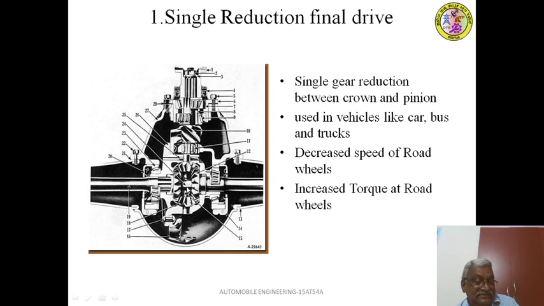These planetary pinions are rotating around the axle shaft, and at the same time they begin to spin around their pin. That means they are moving around the shaft and they begin to spin around the pin.